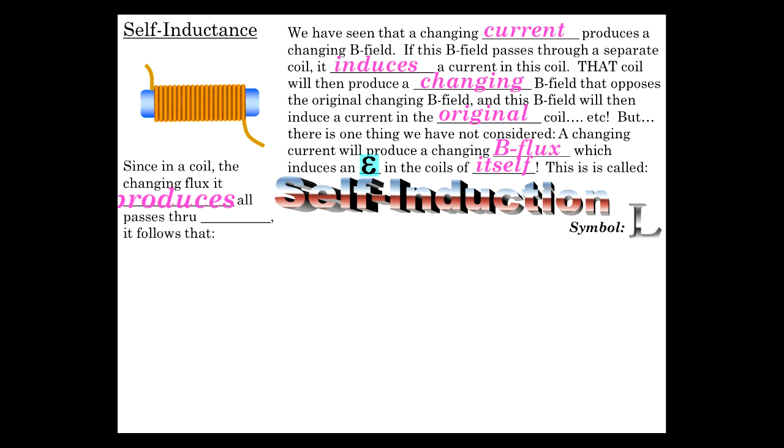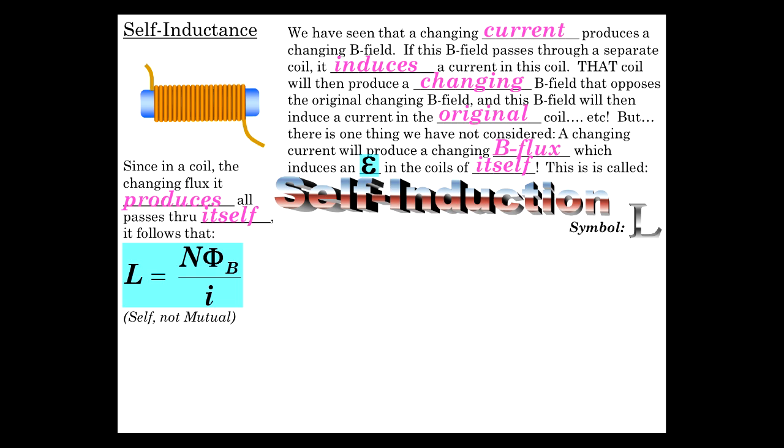Now, in a coil, the changing flux it produces all passes through itself, right? I mean, come on. It's produced in a B field, and that B field is inside itself. There's a changing flux. And so it follows then that the self-inductance equals N phi B over I. Now, this is affecting itself, not something else.